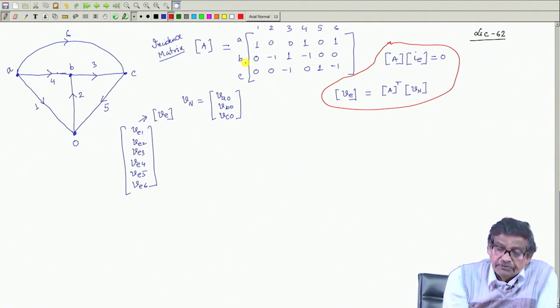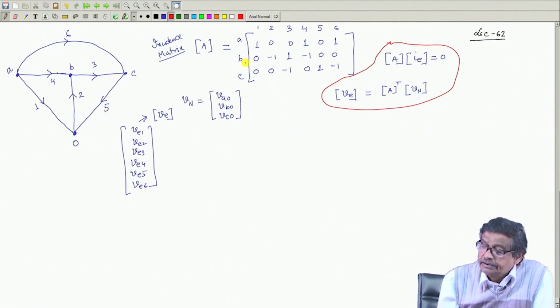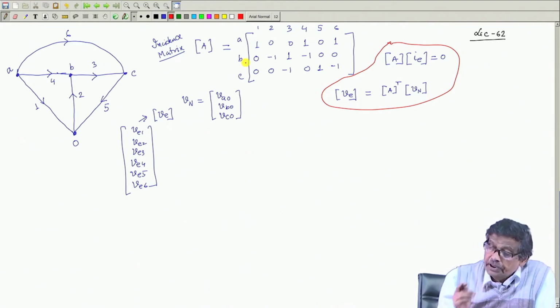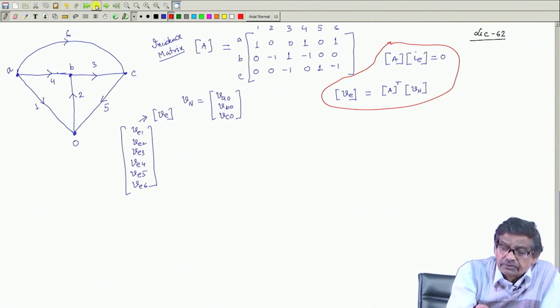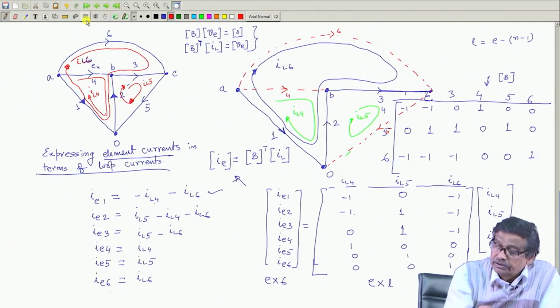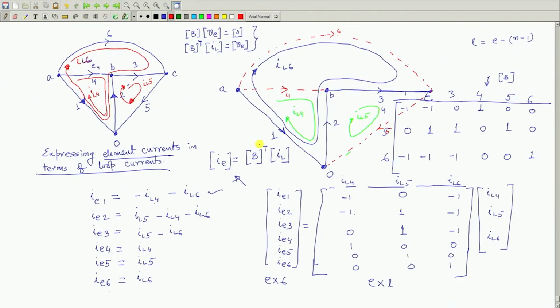Similarly, we then defined what is a tree of the network, what is a cotree of a network, what are twigs, what are links and so on. Then we found out in our last class, which I will just quickly go through, no point in repeating. We first drew the full graph.